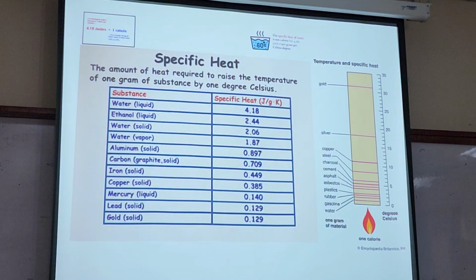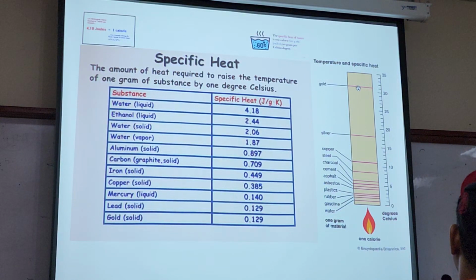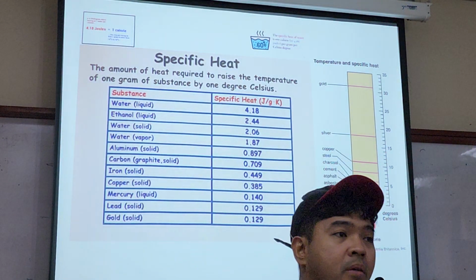So 1 calorie is that much. If you expose it to gold, it already becomes this temperature. But the same 1 calorie, when you expose it to water, there will be barely any increment in temperature.